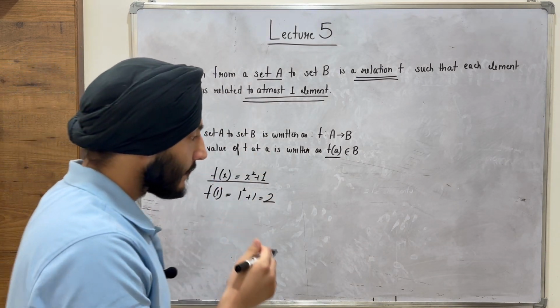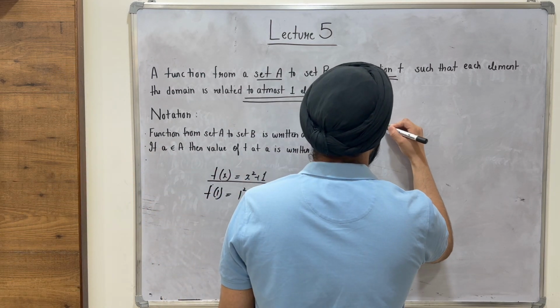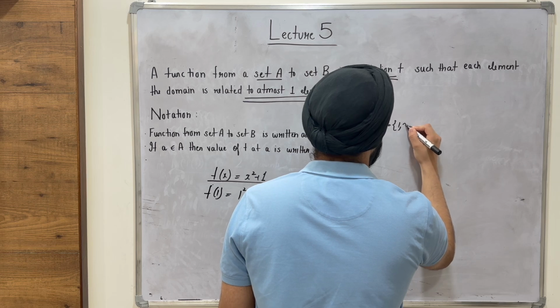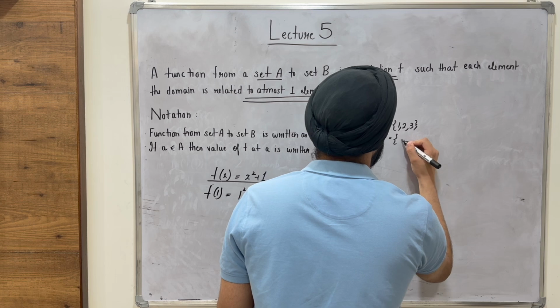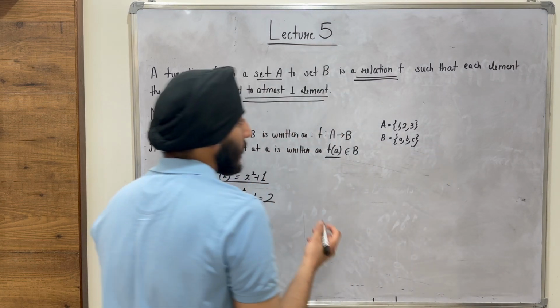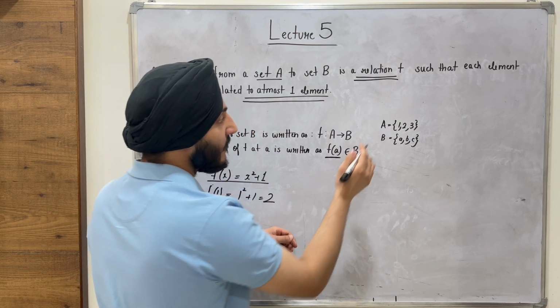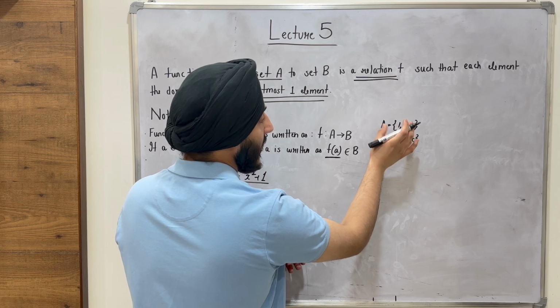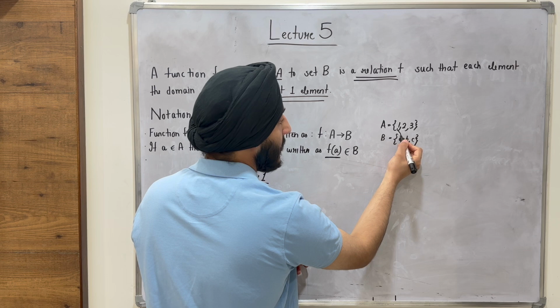For now, let's just try to understand the very basics of a function. The basic idea is, I have some set A. Let's say I have set A equal to {1, 2, 3}, and I have B equal to {a, b, c}. What a function does is, it's basically a relation such that when I put a value from set A into the function, it is going to result in some kind of value in set B over here.